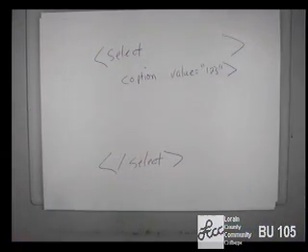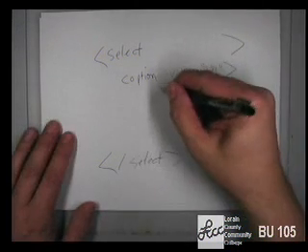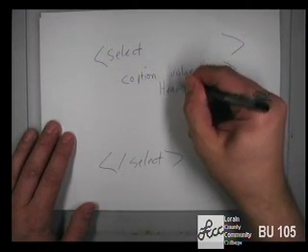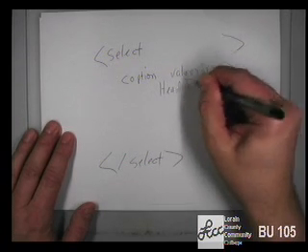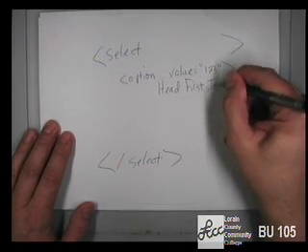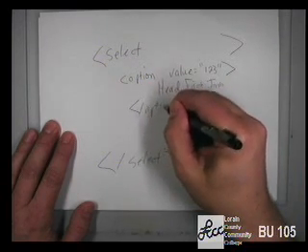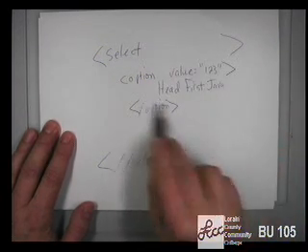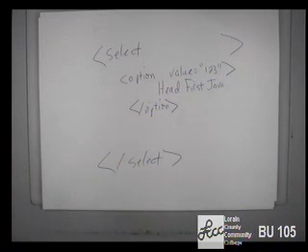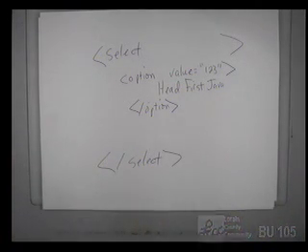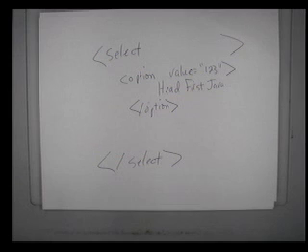So for Head First Java, the value is going to be 1, 2, 3. I will then have the title as being the text of the option tag. So in other words, remember that associated with the dropdown, there's always the text that the user sees that's understandable for the user. All right.